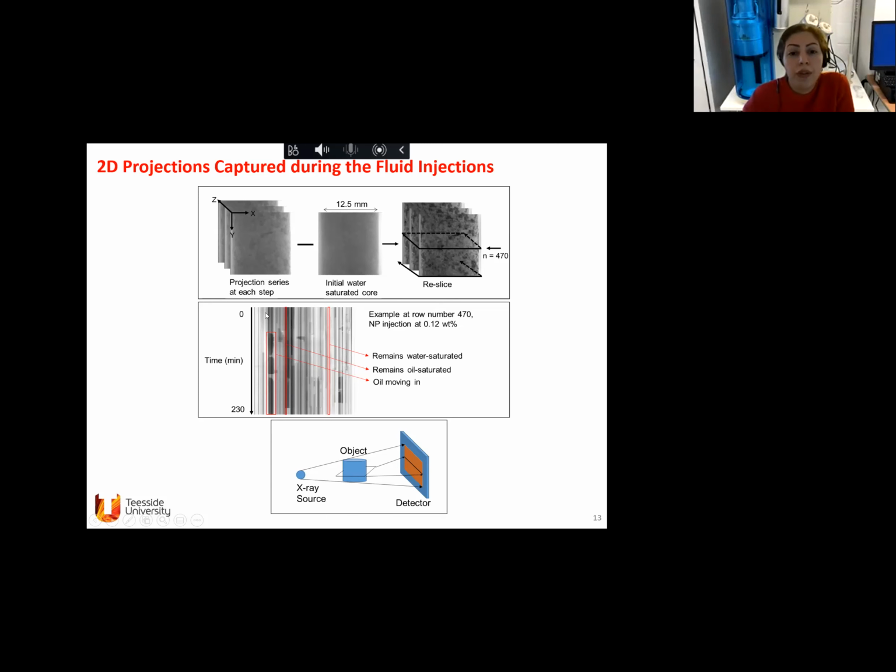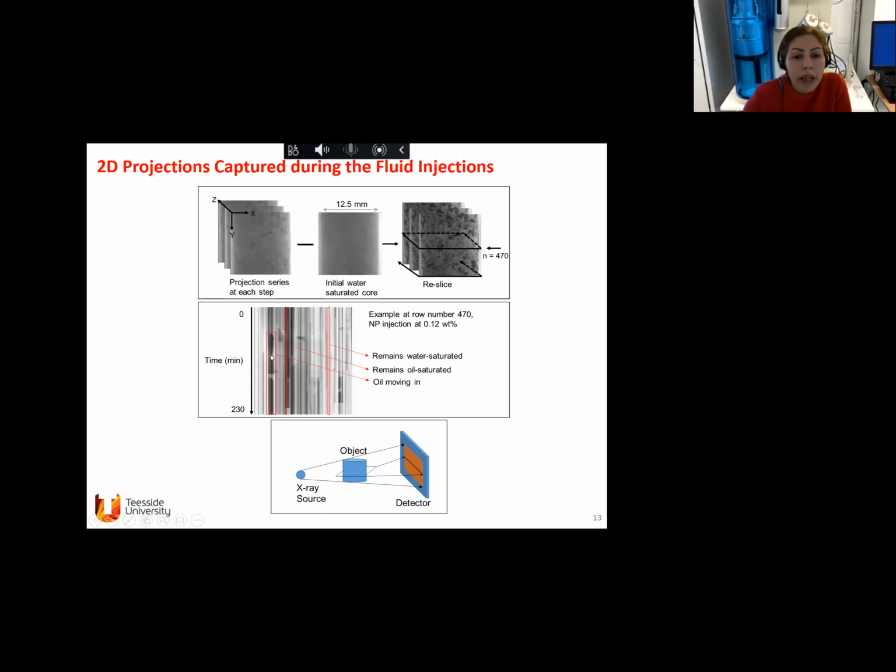So if there are fluid movements going into that line and going out of that line, you're able to see that using this re-sliced image. That's just an example of a line halfway through, the middle of the detector. And you can see that by doing this reslicing, we noticed that there's quite a lot of movement of oil droplets. Oil is now shown in the darker phase.